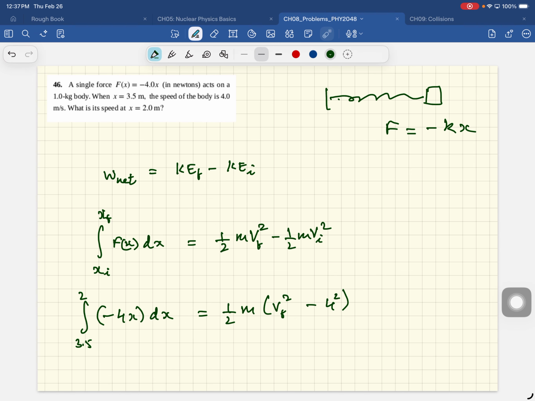All right, so the integral of x is x squared by 2. Okay, so this becomes minus 4x squared by 2, from 3.5 to 2. And the mass of the object is 1 kg.